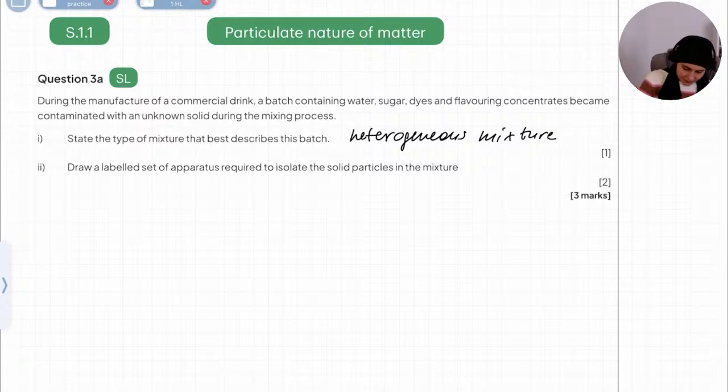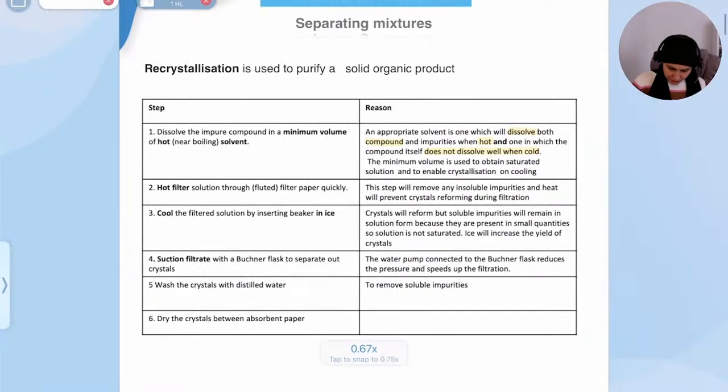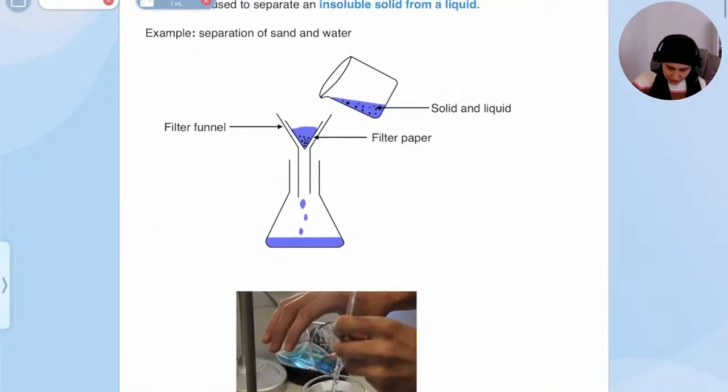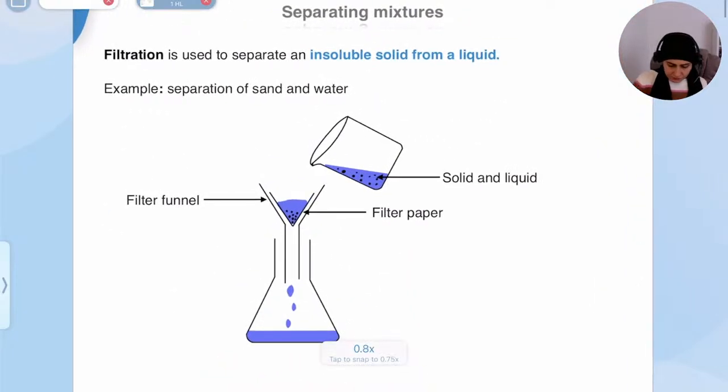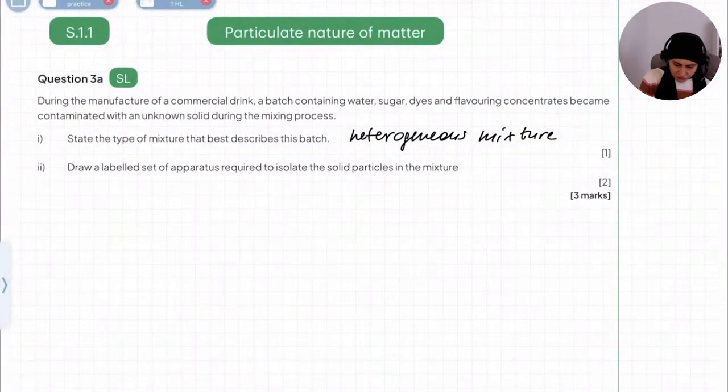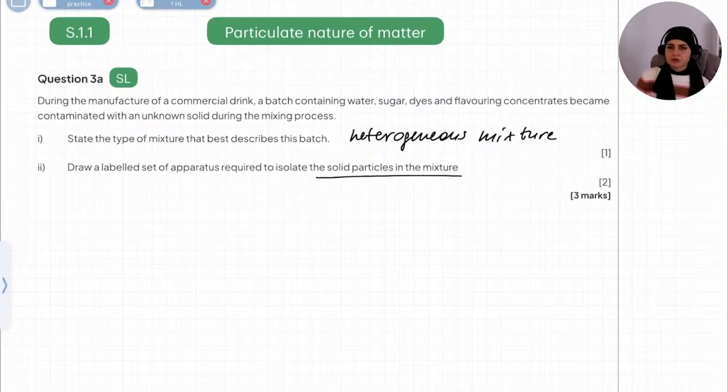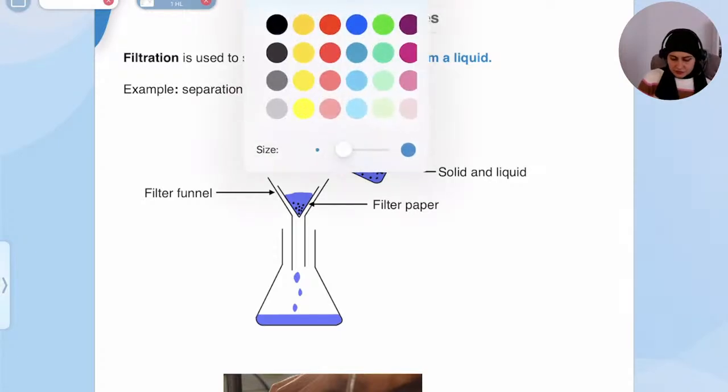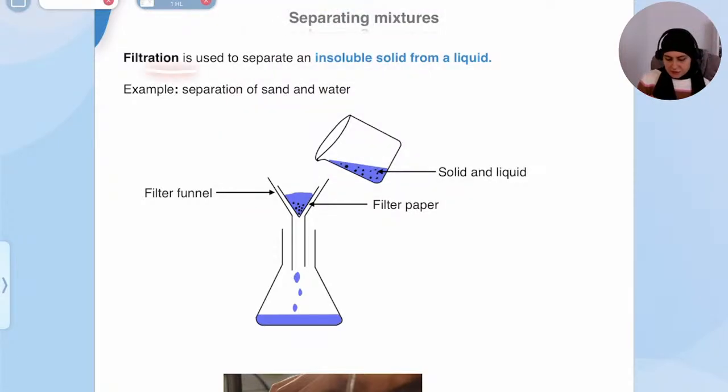Draw a labeled set of apparatus required to isolate the solid particles in the mixture. Maybe I won't draw it, but I'll just show you. They want to separate solid from the solution, right? Filtration is the technique used to separate insoluble solid from liquid, and that's what you have to draw.